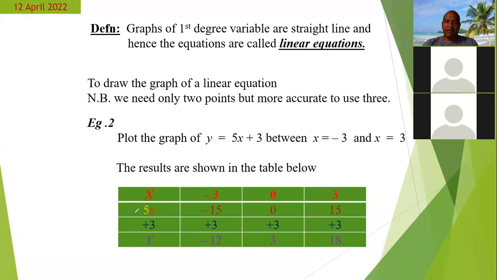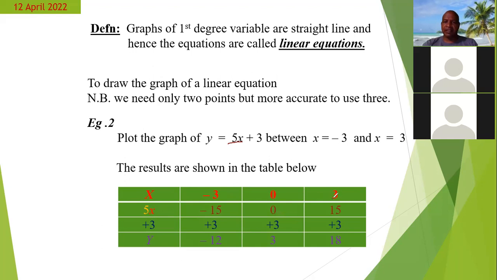And so as before, we would now have our row for the 5x below the x row. So here we would have 5x. So each of these x values would be multiplied by 5. So when x is -3, 5 times -3 gives you -15. When x is 0, 5 times 0 will give you 0.